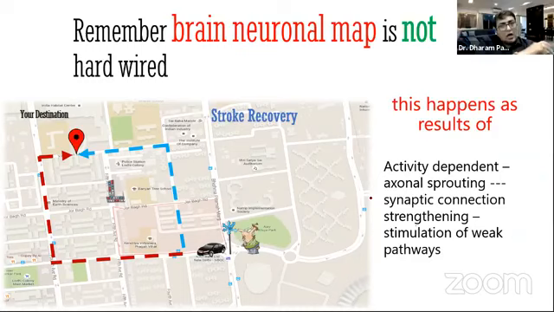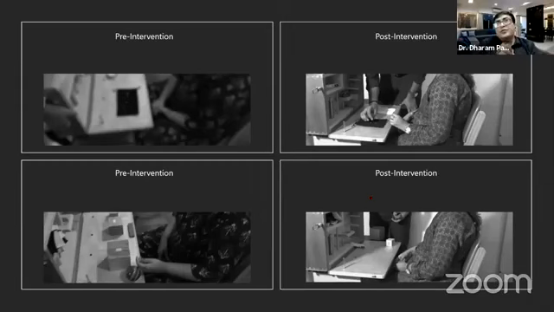We need to adopt those principles and function on that basis, to have activity-dependent axonal sprouting, synaptic connections, or strengthening of a weak pathway which was already in existence, but the brain was not using it. So we need to strengthen those pathways to make the person who is suffering with a stroke make a good recovery.